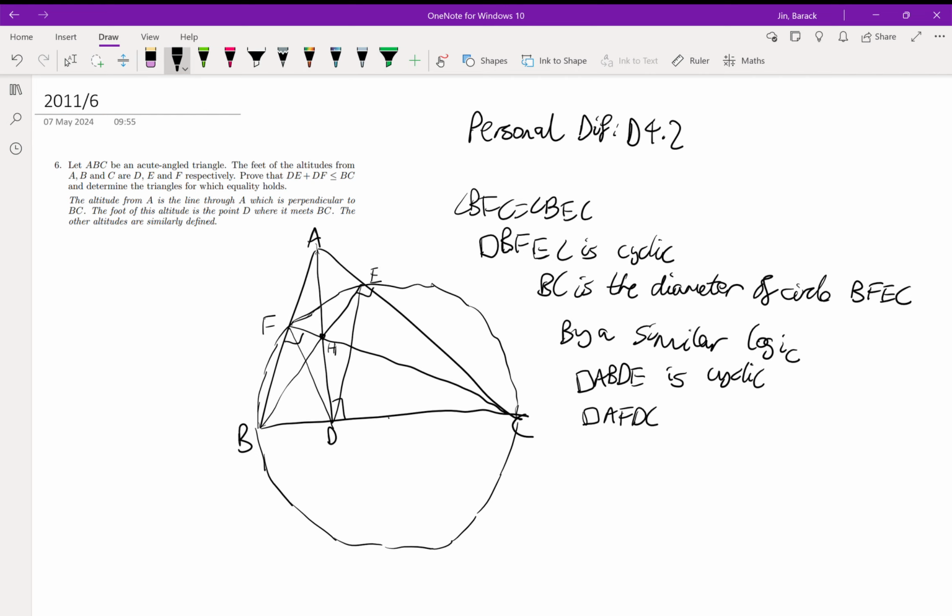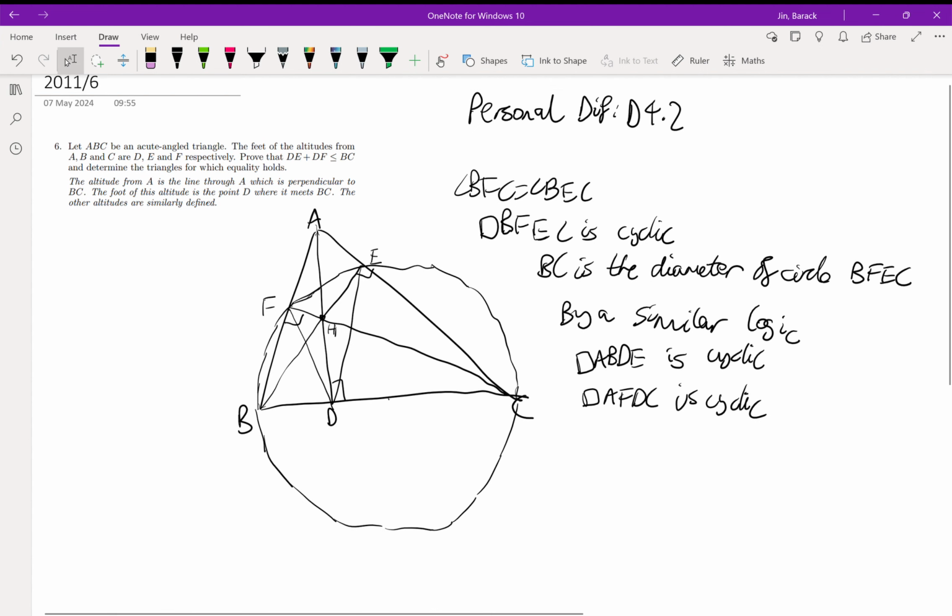You can try and work out for yourself why this is true. Hint, it's the same as before. But we're going to be focusing on this cyclic quadrilateral because it states that we have to find something concerning BC. And we know BC is the diameter, so that's a good start.